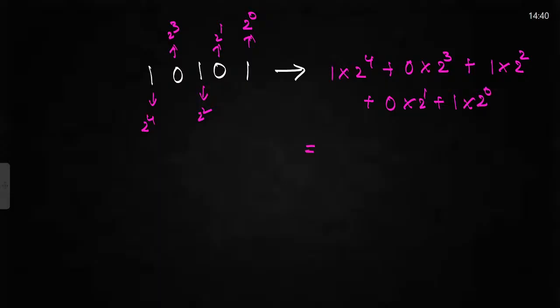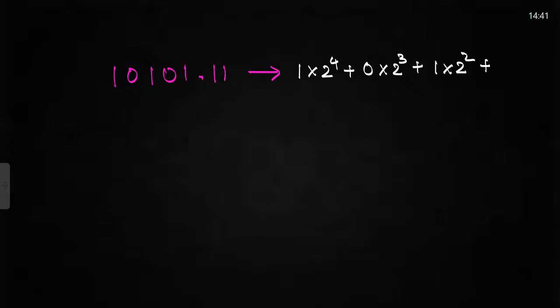So that means 1 into 2 power 4, that is 16, plus 1 into 2 power 2, that is 4, plus 1 into 2 power 0, that is 1. So 16 plus 4 plus 1 is 21. So 10101 means it is 21 in decimal. So that is how we will convert binary number into decimal number.